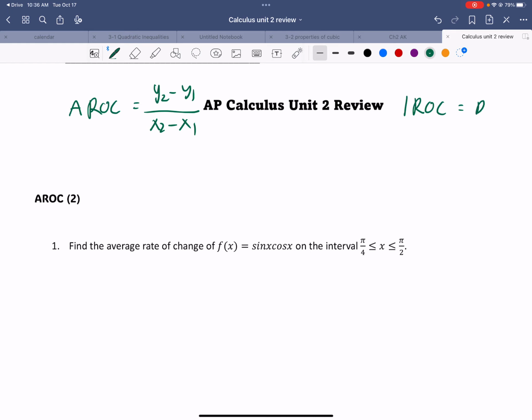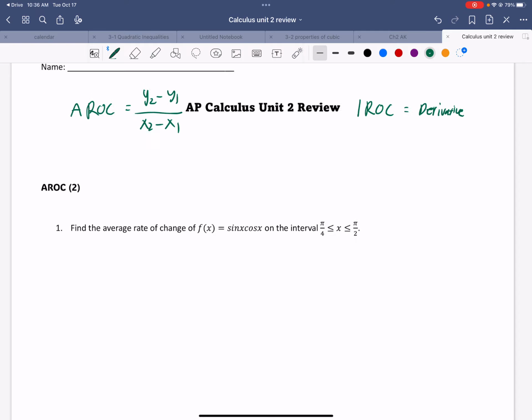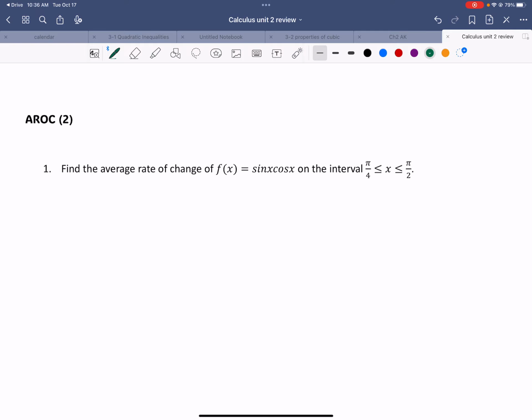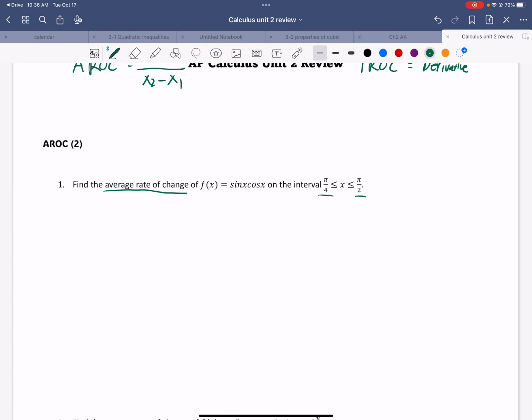That's the derivative. So these are the two different things, okay? So let's look at this. It says find the average rate of change on the interval pi over 4 and pi over 2.